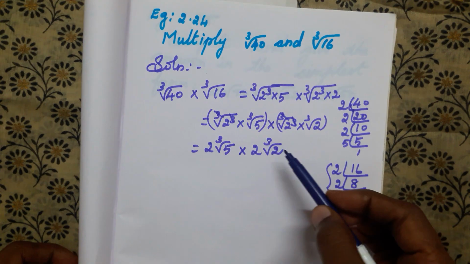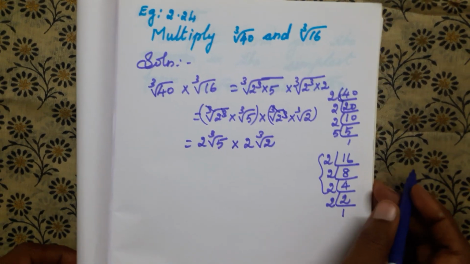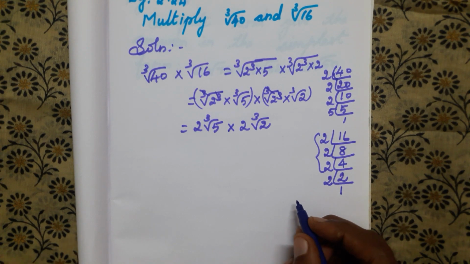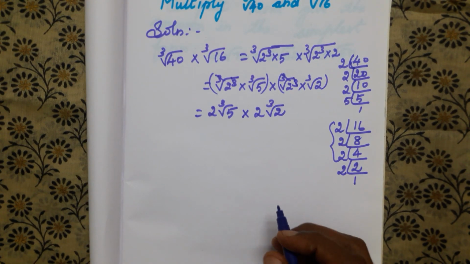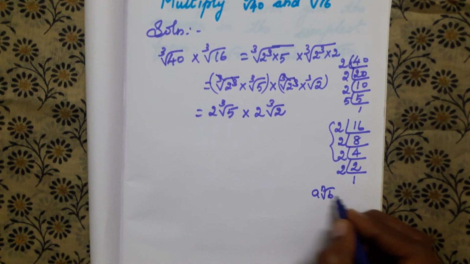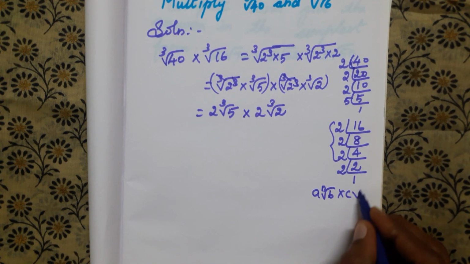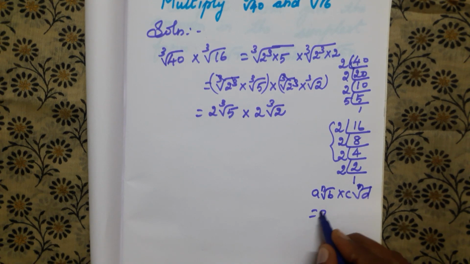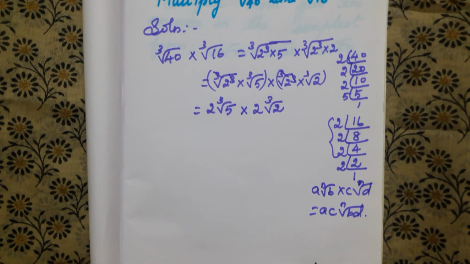If it is equal or not equal, we can multiply. How do we have to multiply? A into nth root of B into C into nth root of D is equal to AC into nth root of BD. It is the multiplication property.